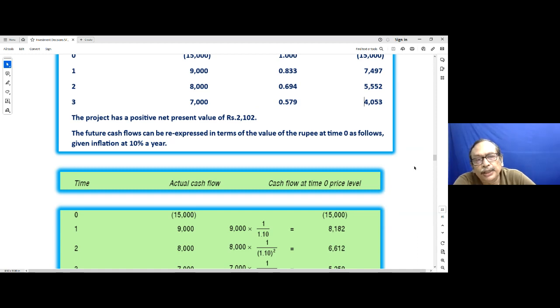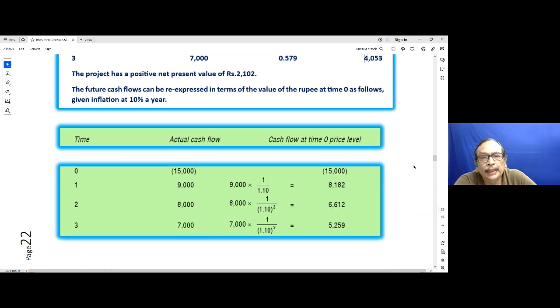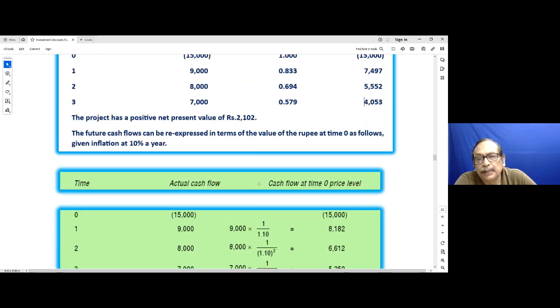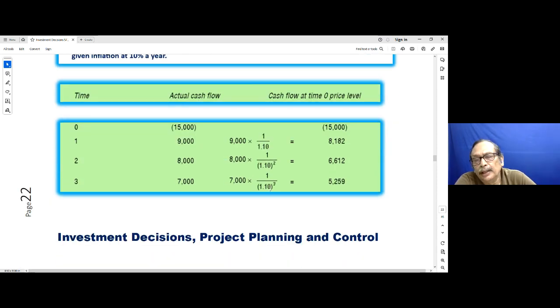The future cash flows can be re-expressed in terms of the value of the rupee at time zero as follows, given inflation rate at 10% a year. So we are going to consider actual cash flows, that is outflows and inflows. With 10% inflation, 9,000 into 1 by 1.10 comes to 8,182.